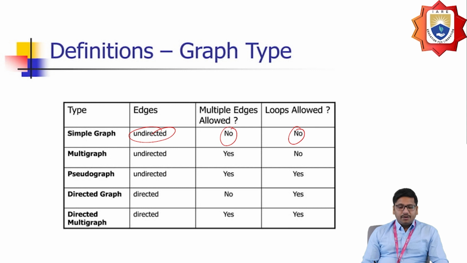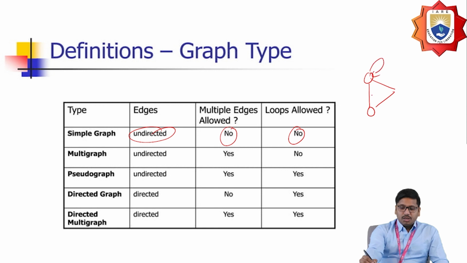So the edges are undirected and it does not contain any self loops or multiple edges. This graph we call a simple graph. A multigraph also has undirected edges, and it is possible to have multiple edges, but loops are not possible.